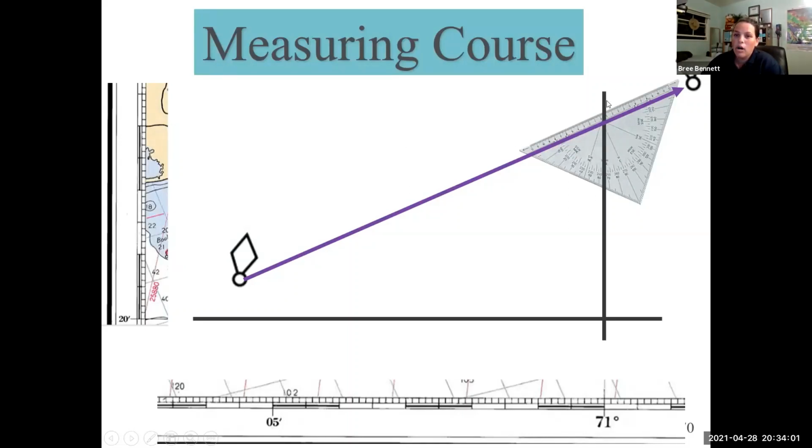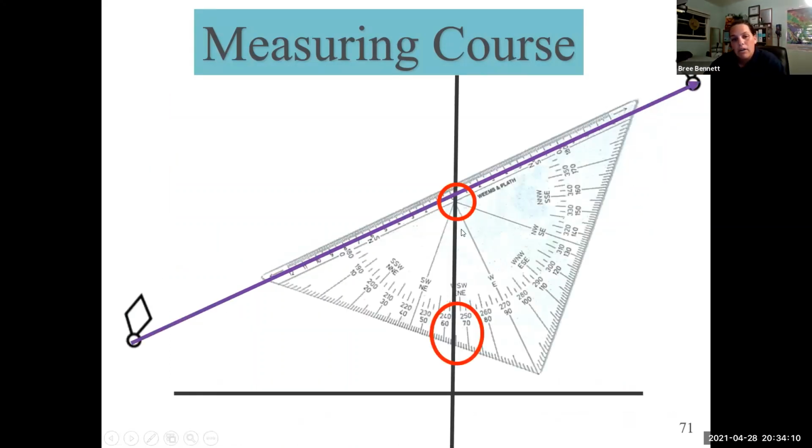But you line it up on a vertical line. Again, that vertical line happens every 10 minutes of longitude. So if you line it up on a vertical line, meaning the long side of your triangle is in line with whatever course you are at. The middle of the triangle, which I'll refer to as the focal point. Some of the triangles have an actual dot there, but it's the exact middle of the triangle. You'll be able to see it, is the focal point.